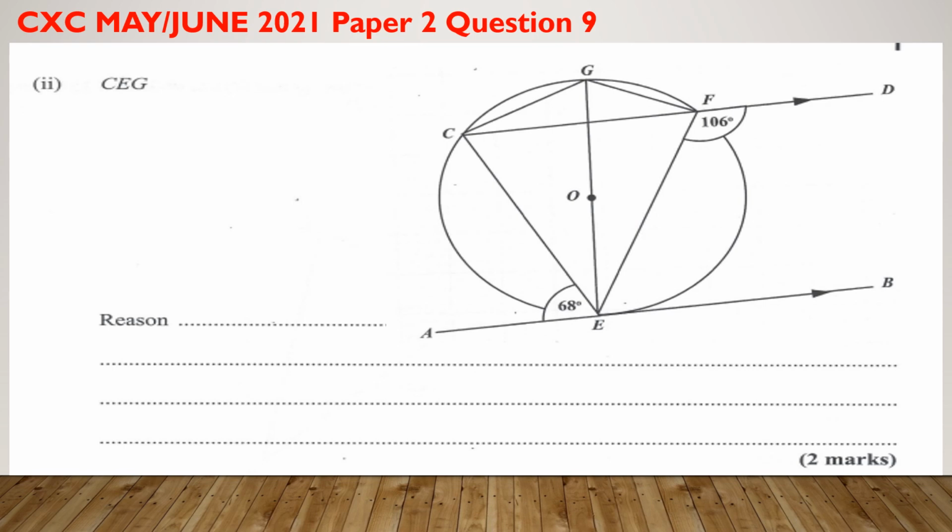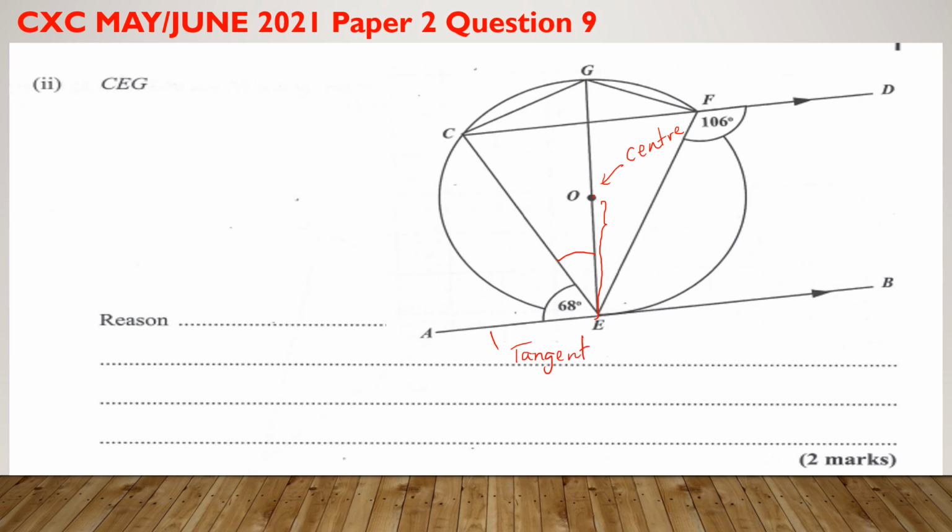Part 2, we're asked to find CEG. So that will be this angle here. So this is the center, and that means here is the radius. And here we know is the tangent.